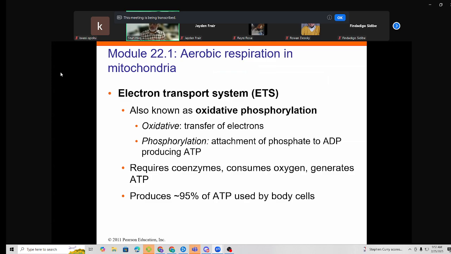So ATP is made from ADP: one phosphate is added to one ADP, and that's why it is converted into ATP. So this is called phosphorylation. Both reactions take place in this stage of energy production.